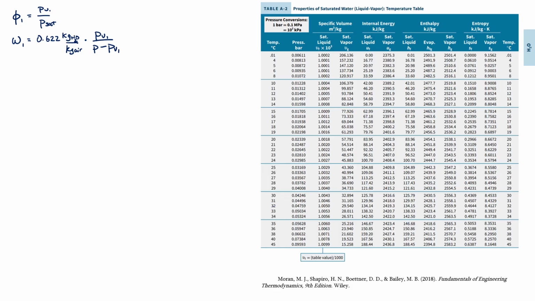So at state 1, I have a temperature of 25 degrees. So this is state 1. And that means that my vapor pressure should be 0.03169 bar. Units of bar up here.